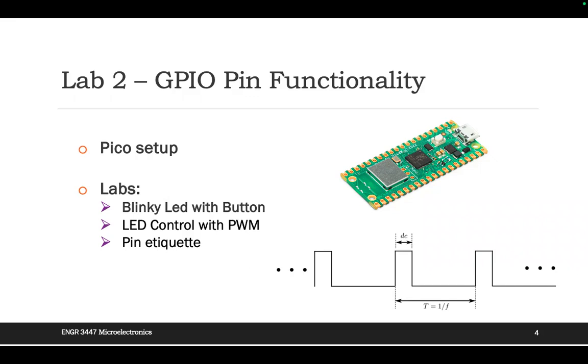Like I said, the microcontroller has three very important parts: the input, the processing, and the output. Do you remember when we talked about that? For these labs, we mainly focus on blinking an LED with a button, LED control with PWM, and pin etiquette.